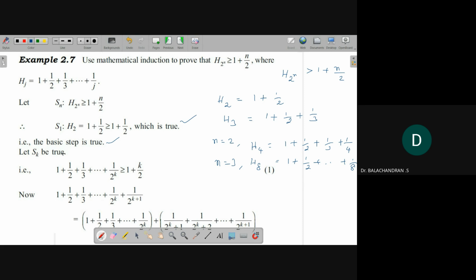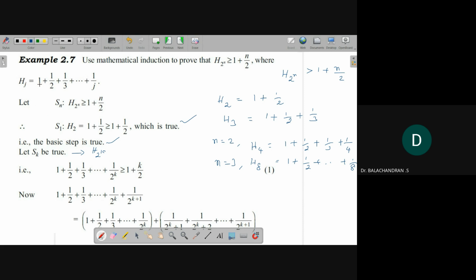Next, we assume Sk is true. Sk means n equal to k, so H2 power k is true. What is H2 power k?